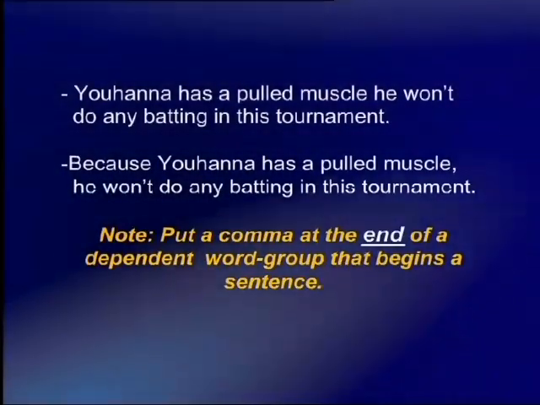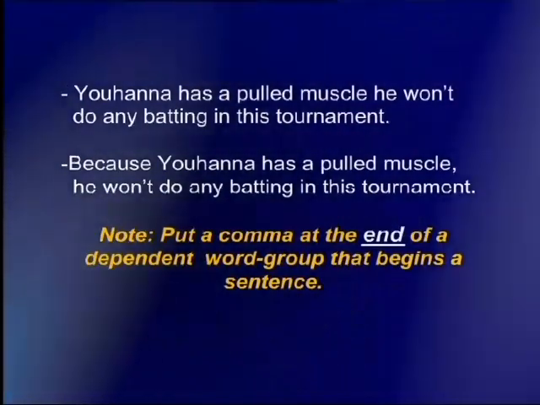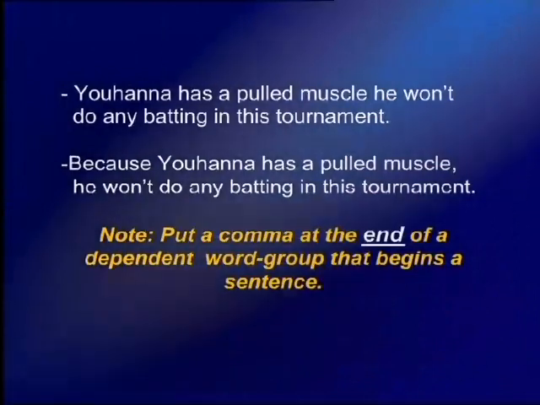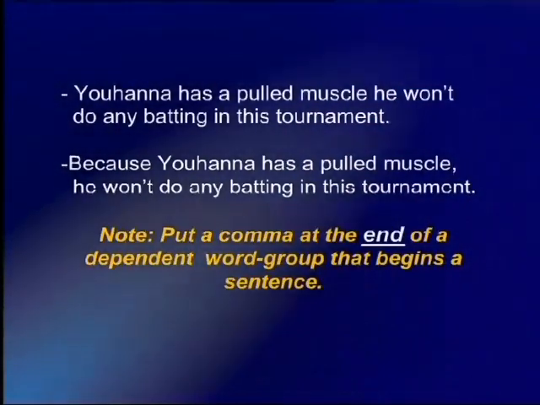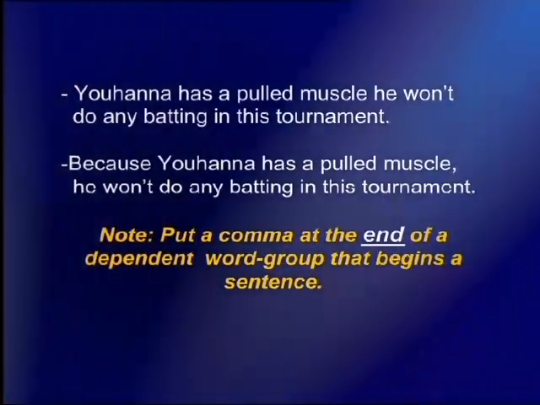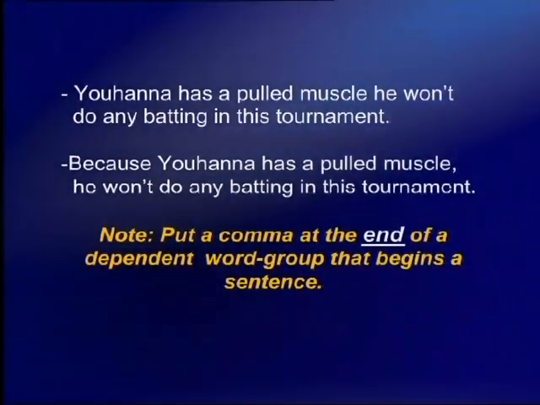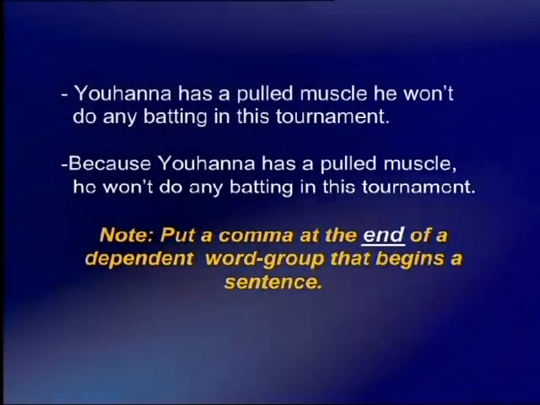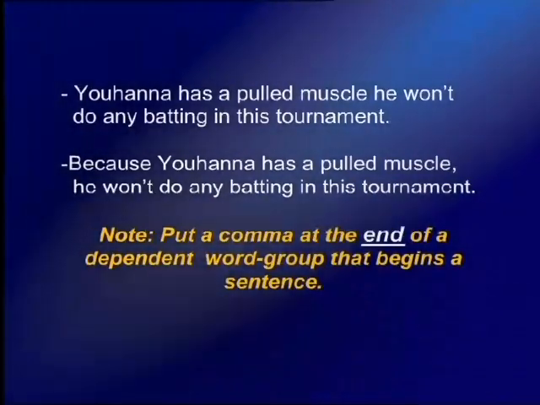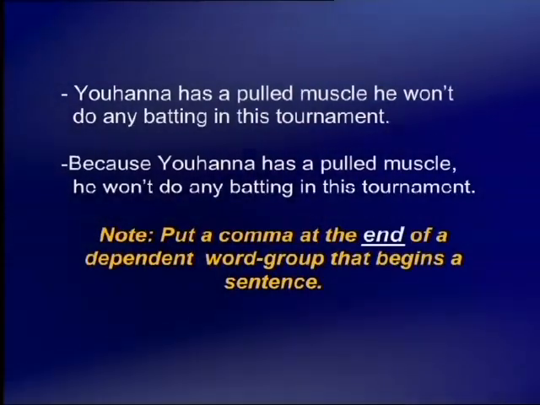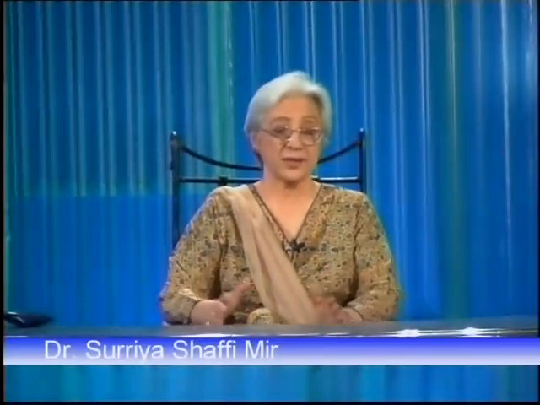You can use the word because and write because Yuhanna has a pulled muscle, comma, he won't do any batting in this tournament. Now, you must make a note that you put a comma at the end of a dependent word group or a subordinate clause that begins a sentence.